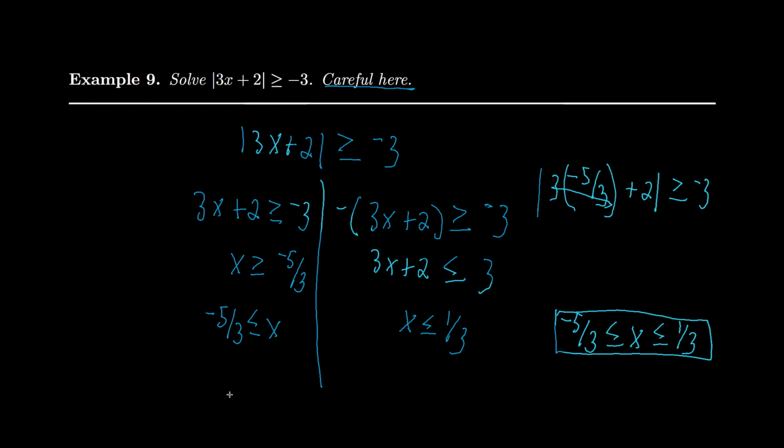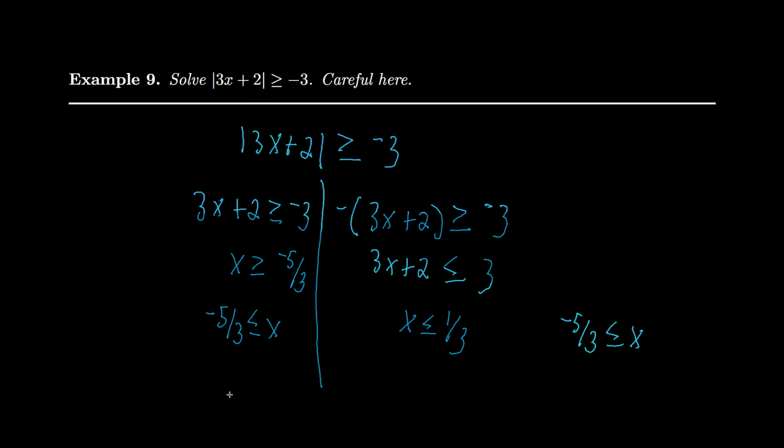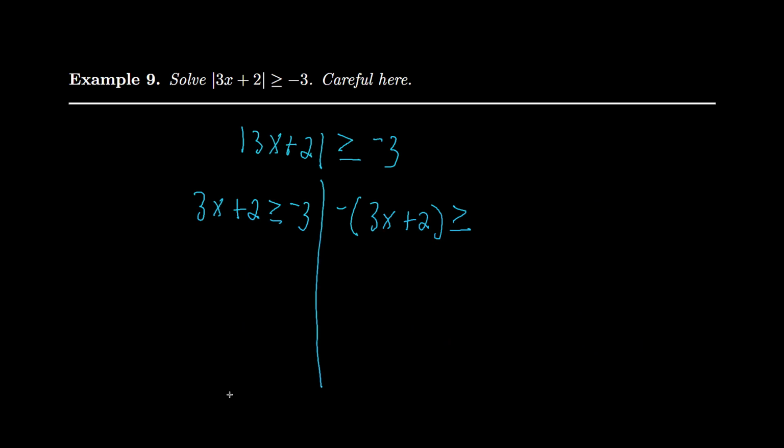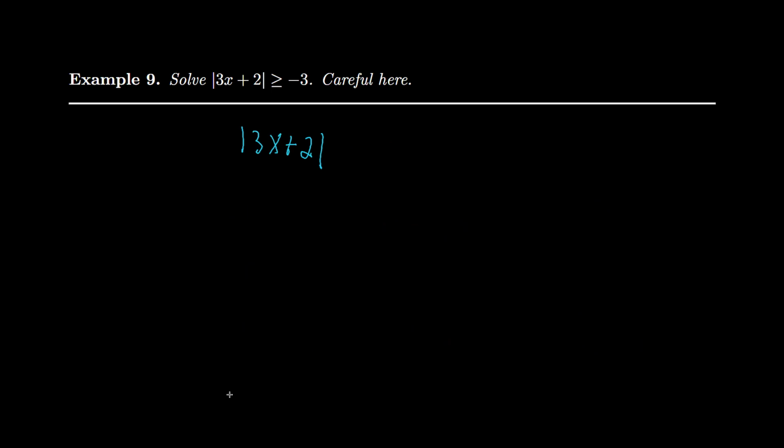Now, let's take a look real quickly at this entire problem if I zip all the way back and change one little thing. Let's instead reverse this and make it less than or equal to. Okay? This is a meaningful problem because it being greater than a negative number is something that it can do. But let's say that we want it to be less than or equal to negative 3.